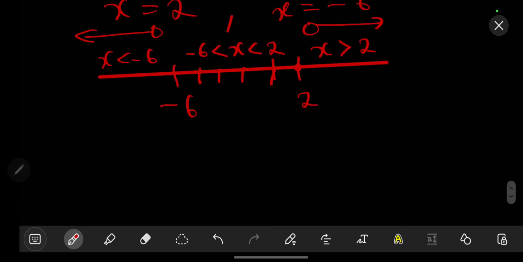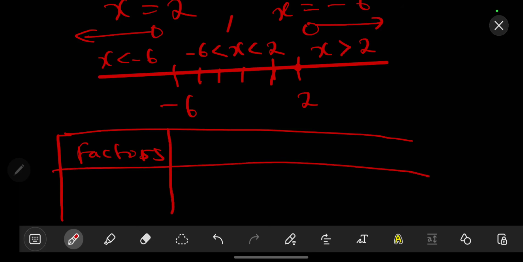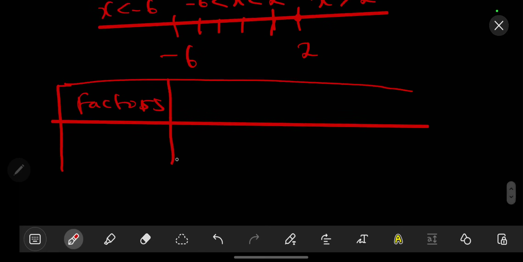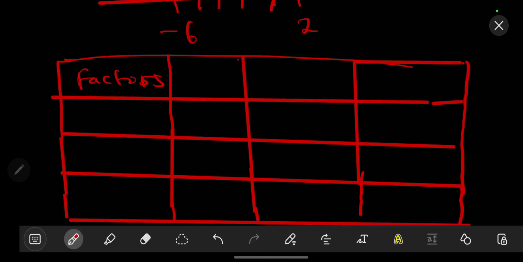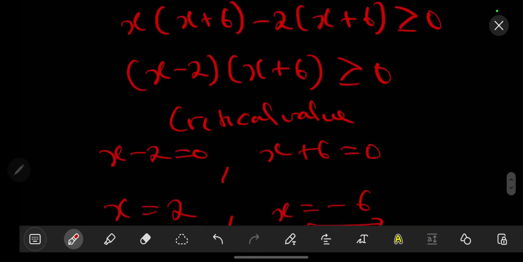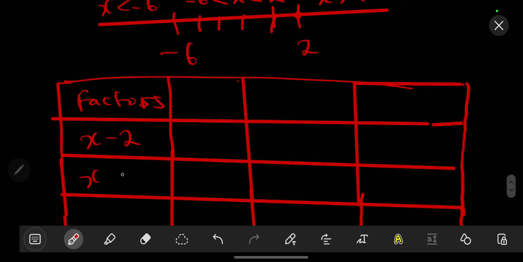So with this, let's come up with our table. We are going to use our factors, the ones which we factorized. So our factors are x minus 2 and x plus 6.